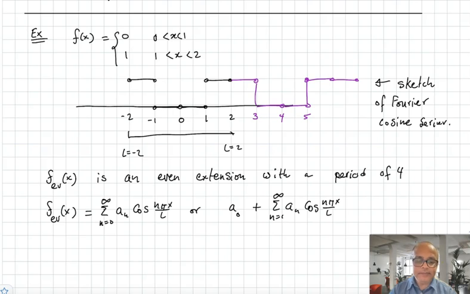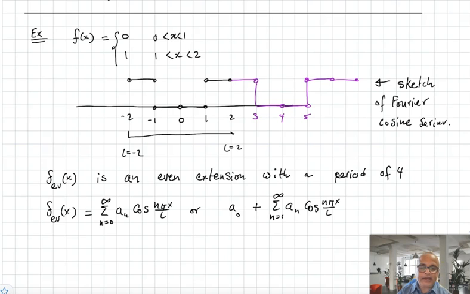So similarly, if I have a function given in an interval, any other function, I can extend it periodically as an even extension, and that will be a visualization or a plot of the Fourier cosine series, because that even function I can expand in a cosine series.